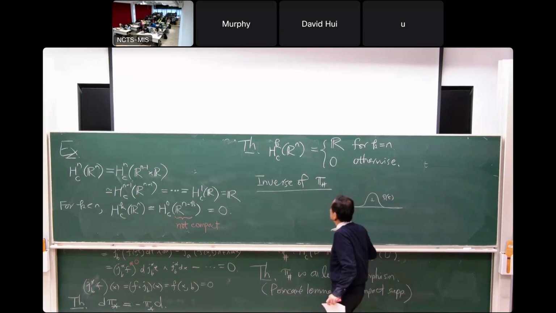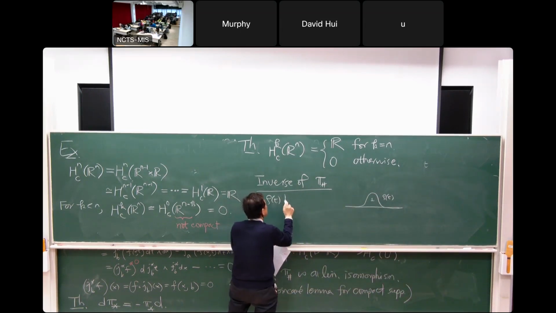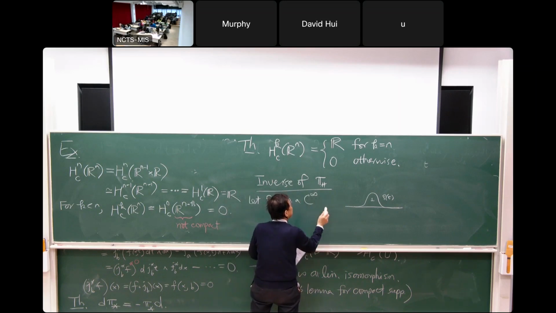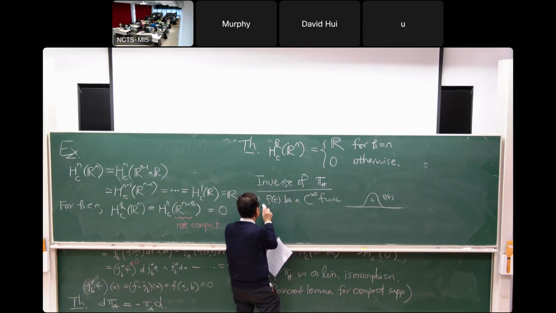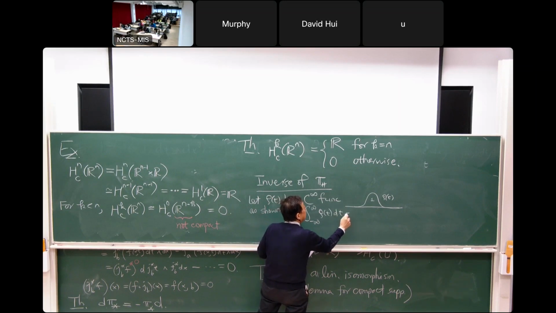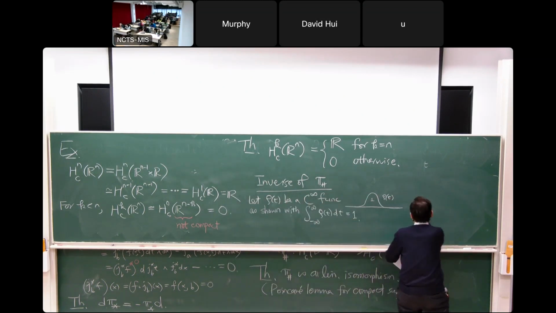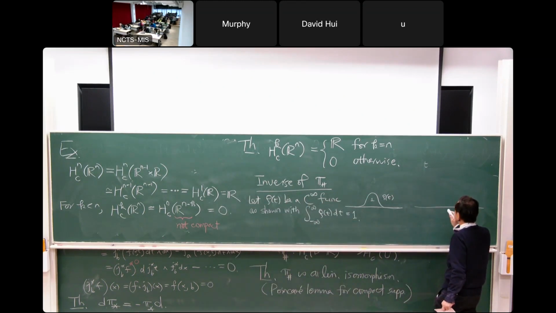So let rho of T be a C infinity function as shown, with integral 1.